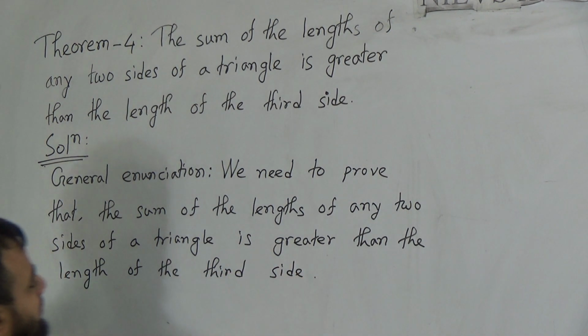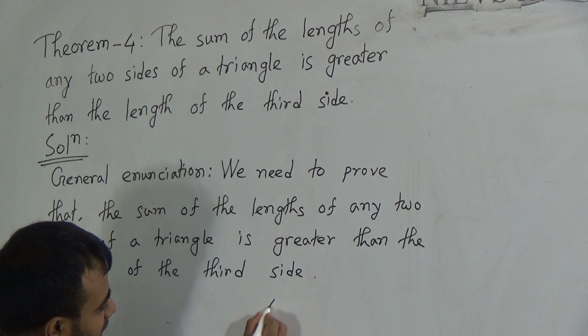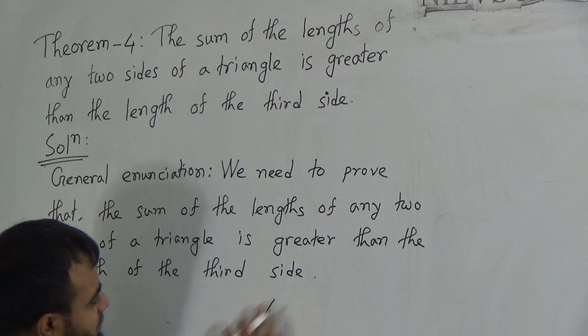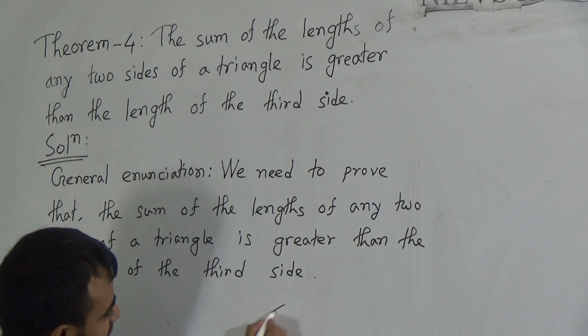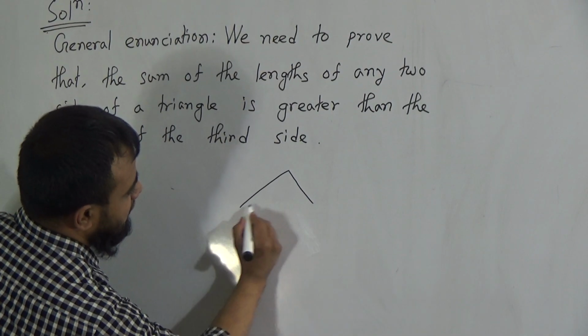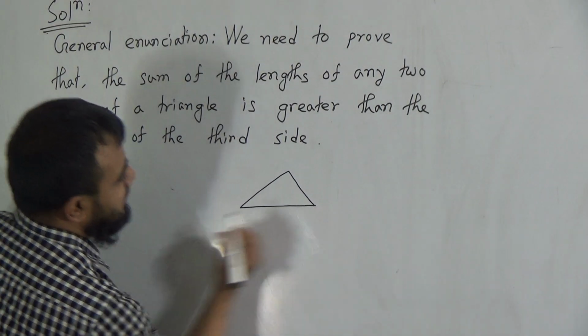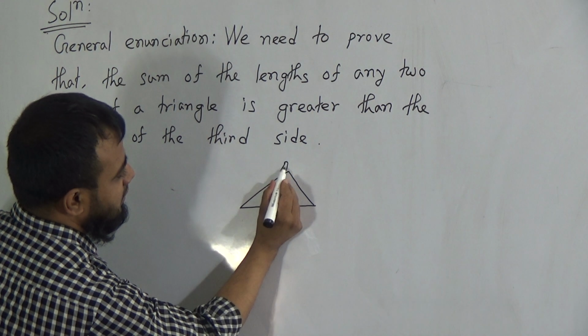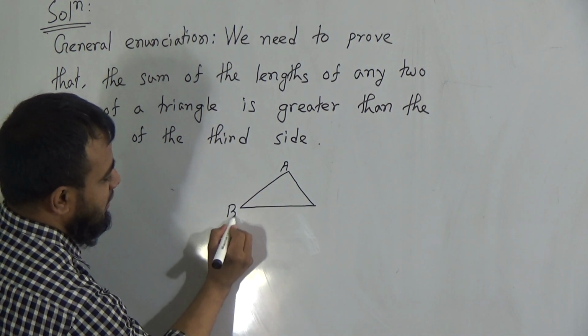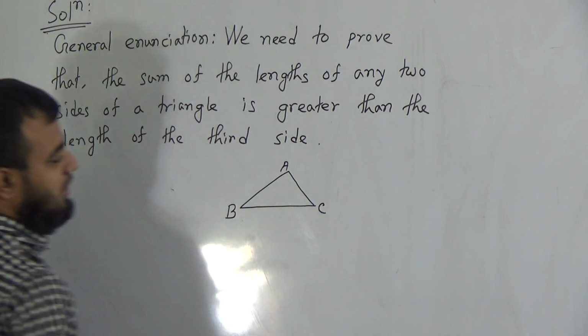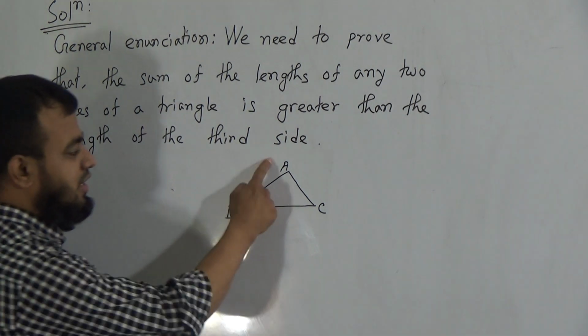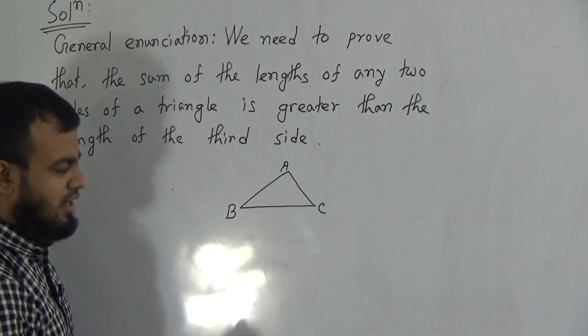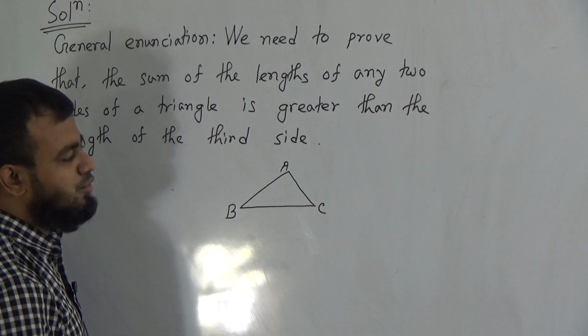By the theorem it is clear that if there is a triangle, look at the triangle at first. Suppose this is our triangle ABC. Suppose this is A, this is B and this is C. In this triangle ABC, take any two sides' sum.